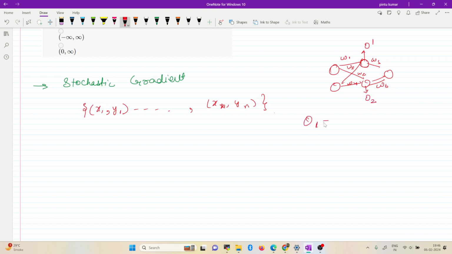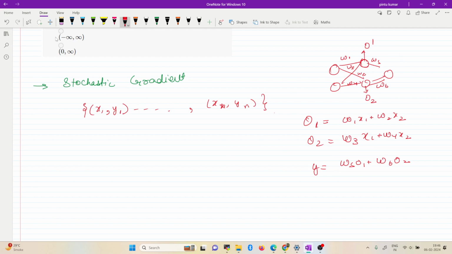Output 1 will be W1 x1 plus W2 x2. Output 2 would be W3 x1 plus W4 x2, and the final output y will be W5 O1 plus W6 O2. I am repeating this thing again and again so that it gets in your memory. This is how a forward pass would look like.